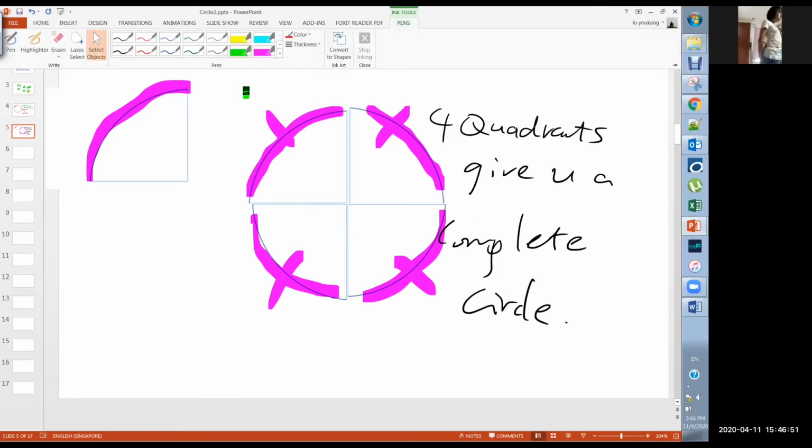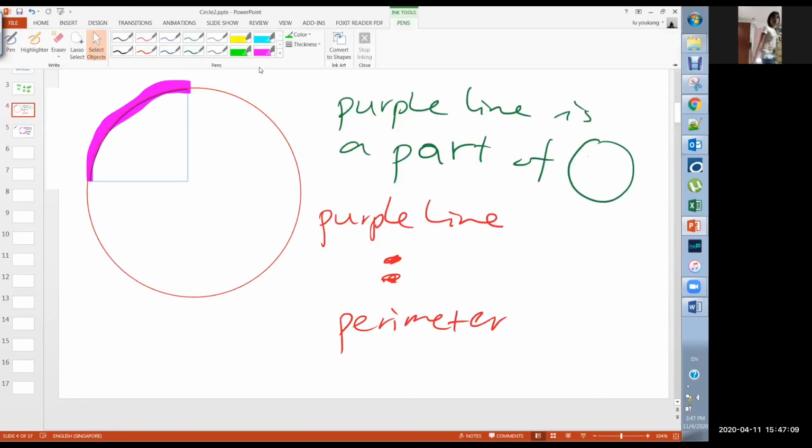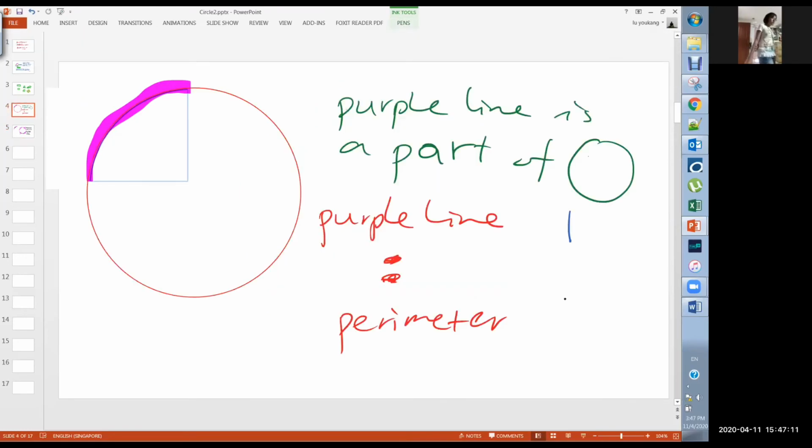Can you see this is the entire circle? Then this is 1. So what's the ratio? 1 over 4. Very good. So the ratio is 1 to 4.